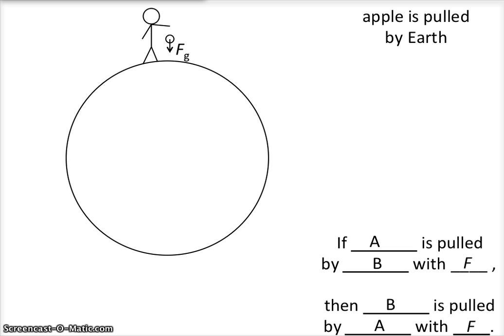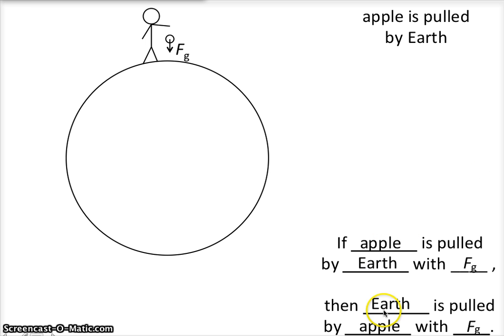Newton's third law says if you have two objects, A and B, and if A is pulled by B with a force F, then B is pulled by A with a force F. In this case, what are objects A and B? Apple and Earth. If the apple is pulled by the Earth with a force, Fg, then the Earth is pulled by the apple with a force, Fg.